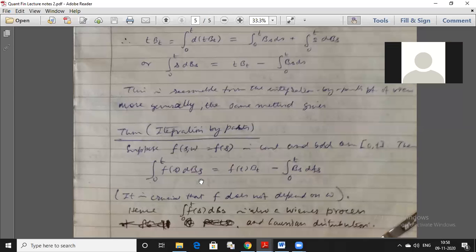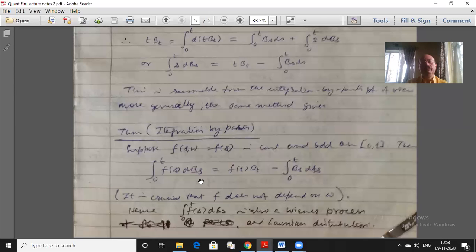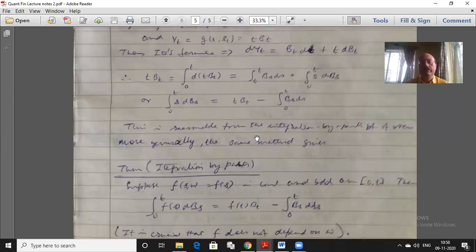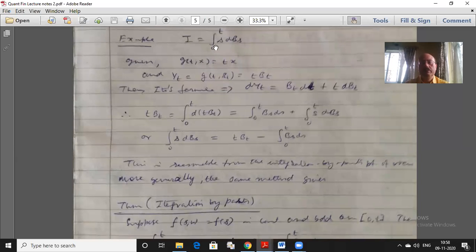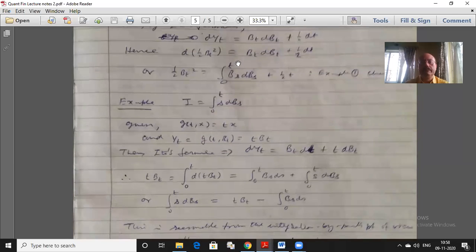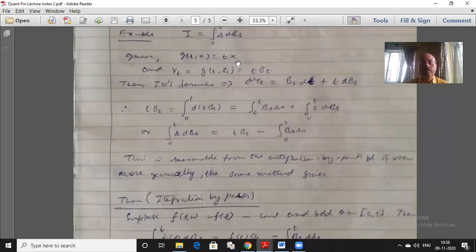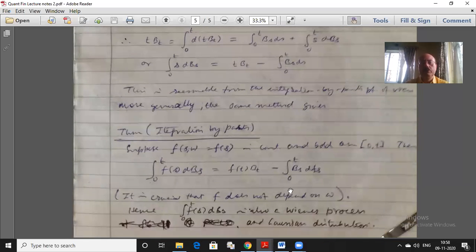Yes, sir. So I have an integration by parts result, which we motivated from this particular example, in order to evaluate this kind of integral, the s dB integral. And we showed that dB integrals can be transformed into ds type integrals. That's the integration by parts.